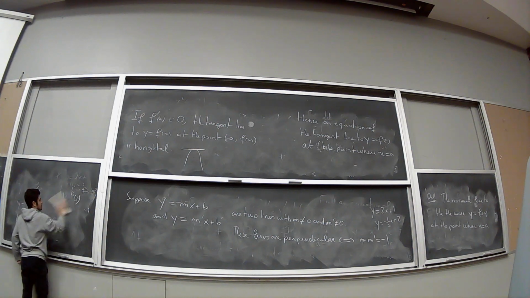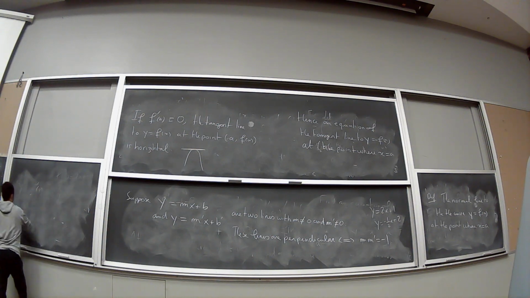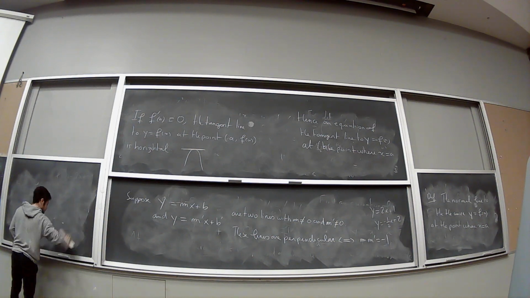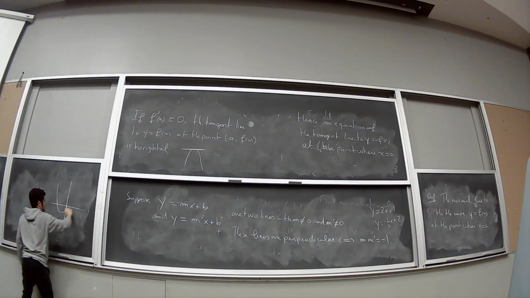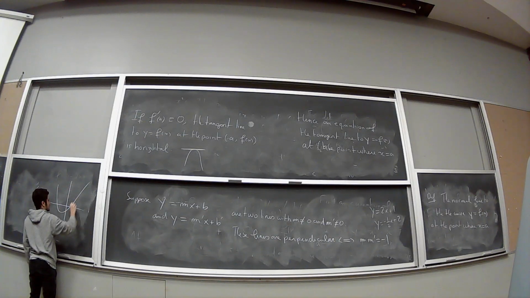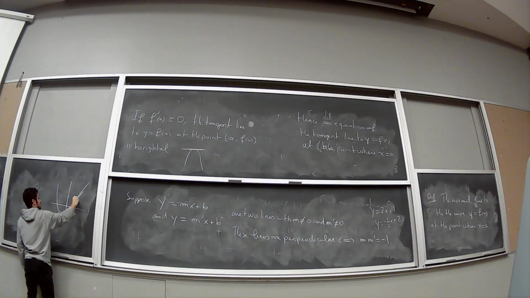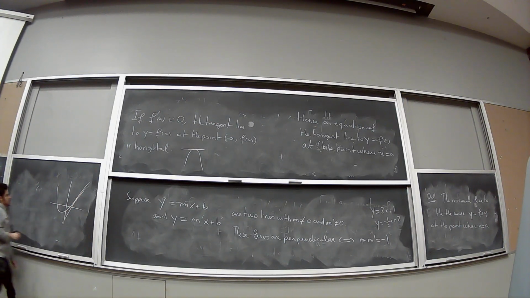Let's draw the curve here. This is my point a, f of a, and this is my tangent line.